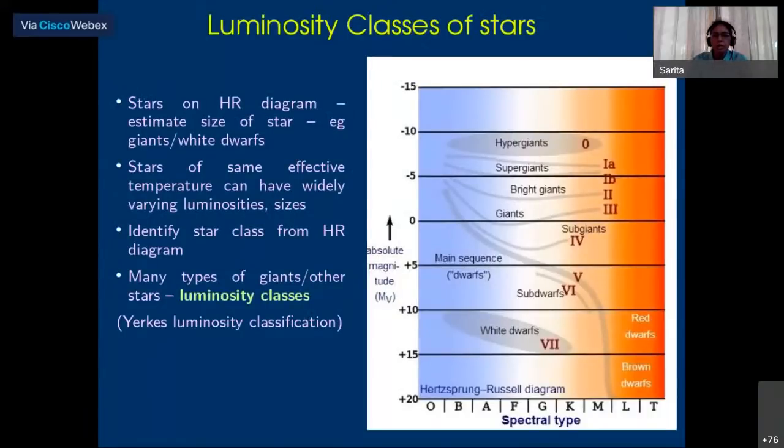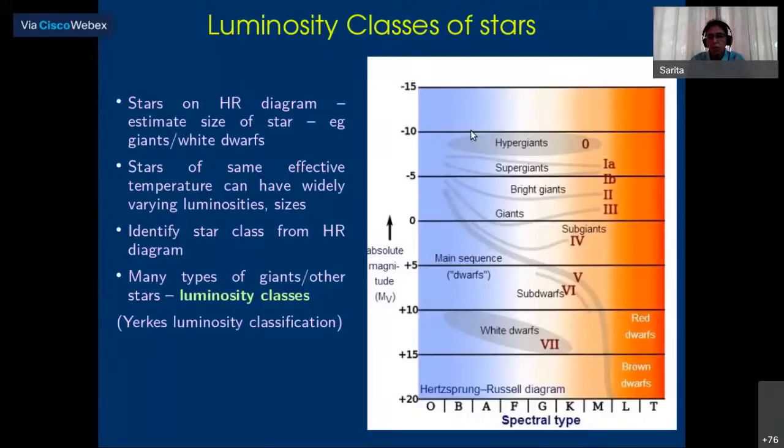As you can see, the stars on the HR diagram can be of different types. You can have giants and you can have white dwarfs. That is based on the size of the star, and using the luminosity and the effective temperature, you can estimate what its exact size will be. The main reason is that stars with the same effective temperature can have widely varying luminosities because of different sizes.